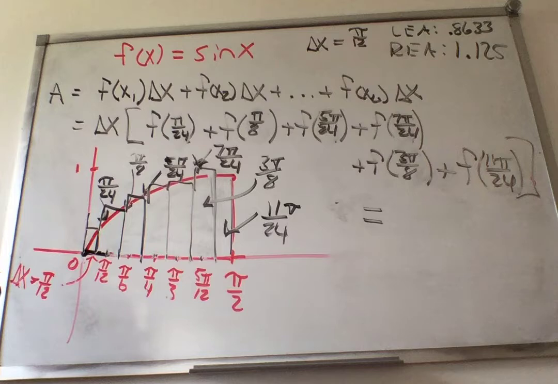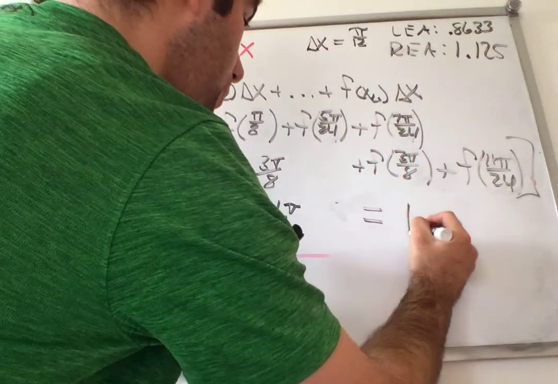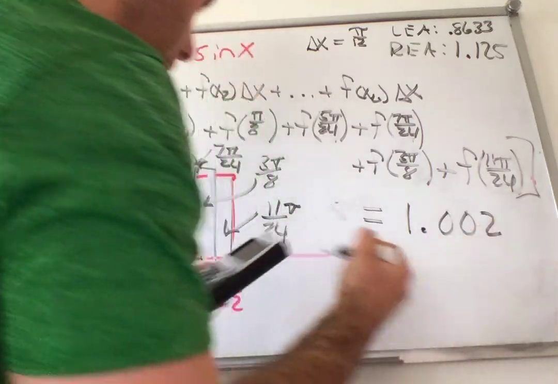Just give me a moment. f of pi over 24, f of pi over 8, f of 5 pi over 24, f of 7 pi over 24, f of 3 pi over 8, and then lastly, f of 11 pi over 24. You hit enter. And if you look at that, 1.002.